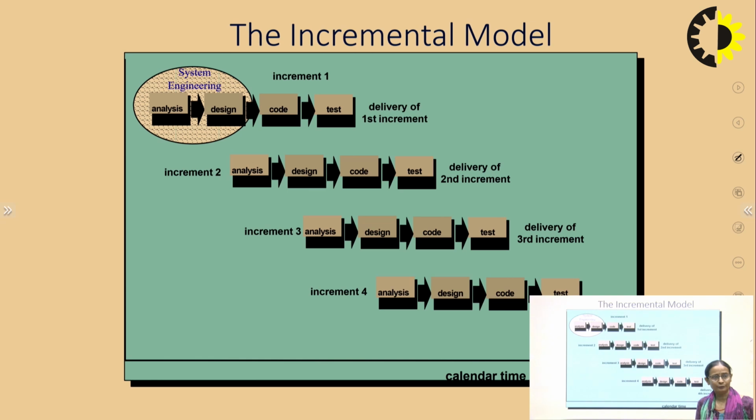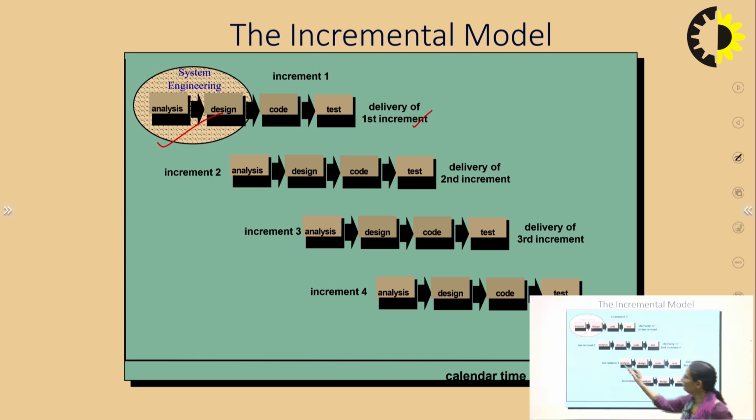So if we talk about the incremental model, in this case, first we will go with the analysis and design phase, in which we will follow a full-fledged system engineering approach. After that, we will go with the code and test, and this is my increment 1, and here I have the delivery of my first increment or first iteration. Then comes increment 2.